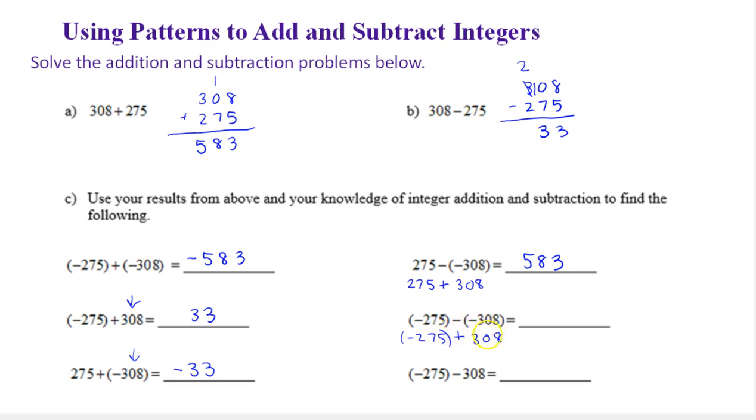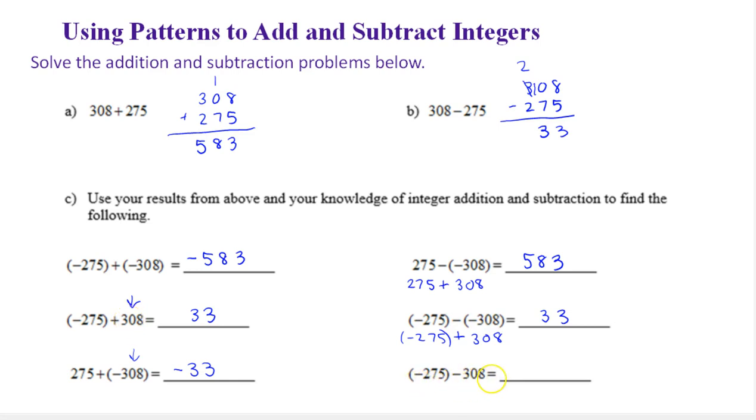So we take the difference, which is 33. The larger number in absolute value is 308, and that's positive, so our answer is positive 33. Notice these two are equivalent. Once you rewrite this as an addition problem, it's the same problem as this.